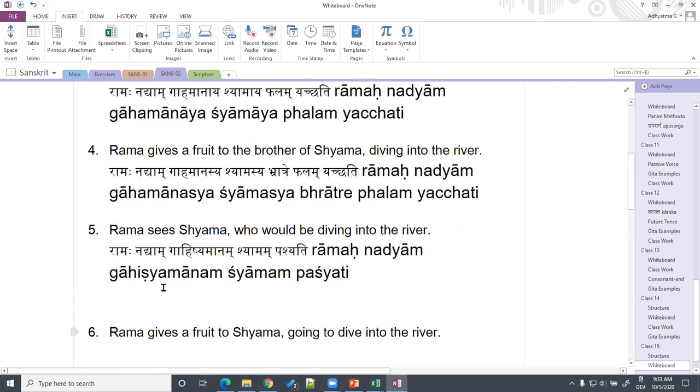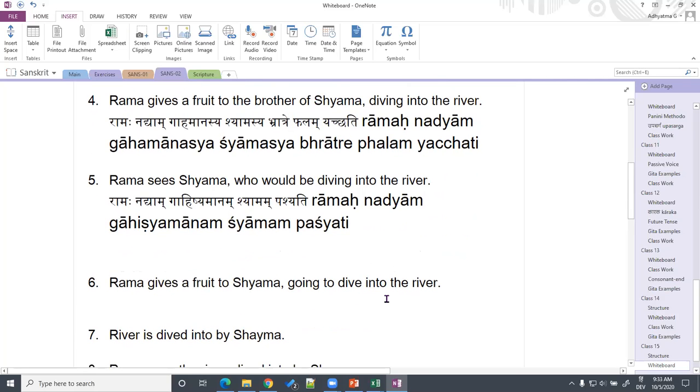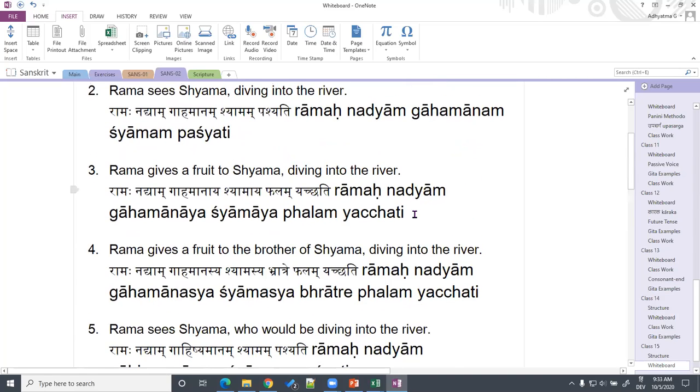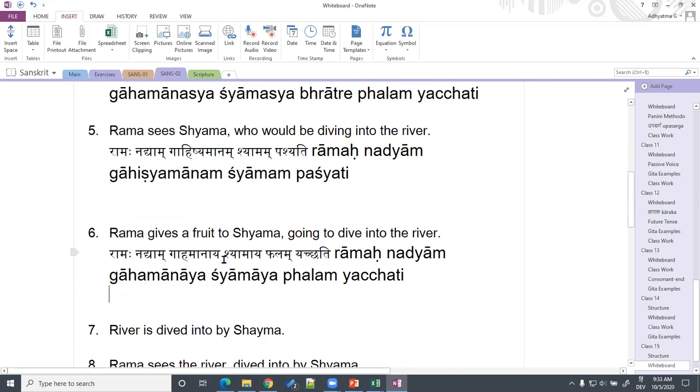Now, exactly the same way I have modified this sentence. Rama gives a fruit to Shyama diving into the river. Rama gives a fruit to Shyama going to dive into the river. So we'll take this sentence. Ramah nadyam gahamanaya shyamaya phalam yachati. So everything will remain the same except it becomes gahishyamanaya.